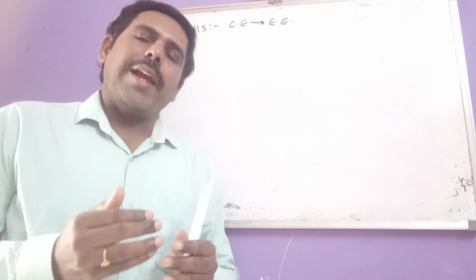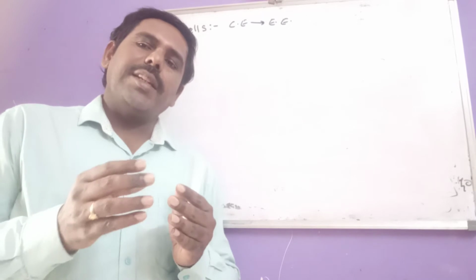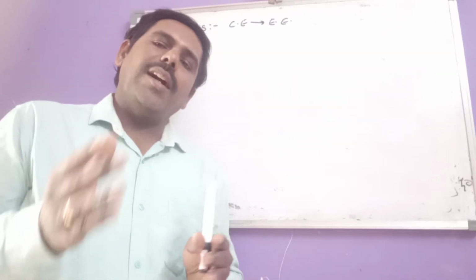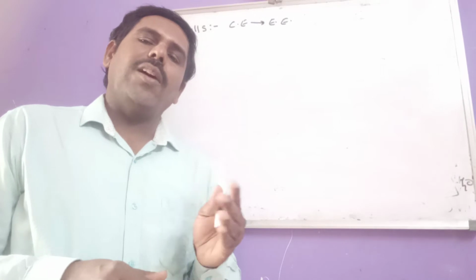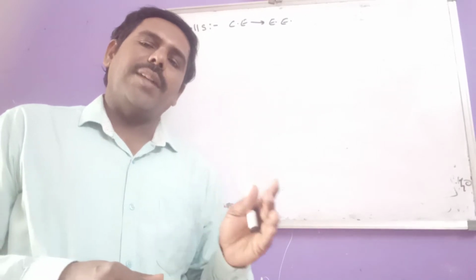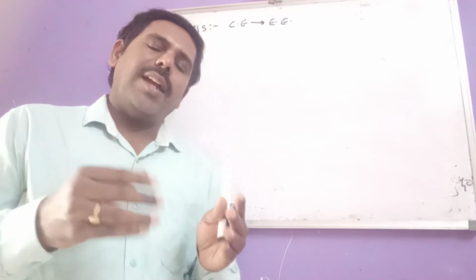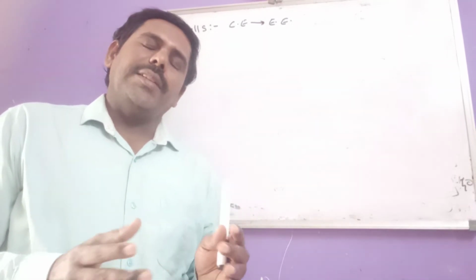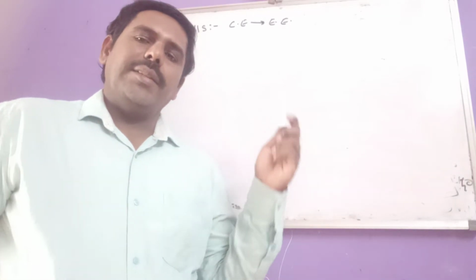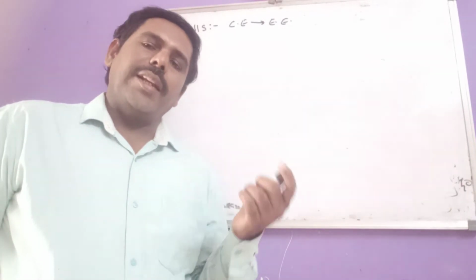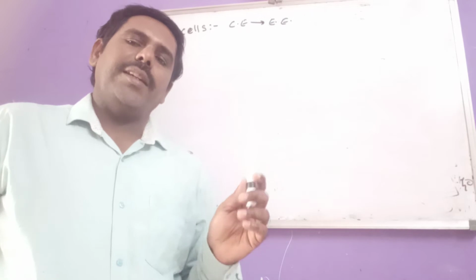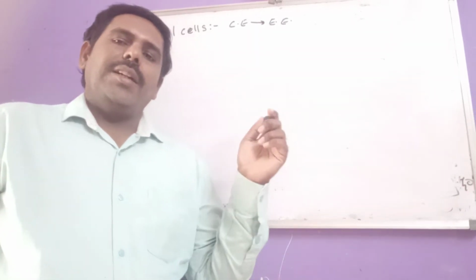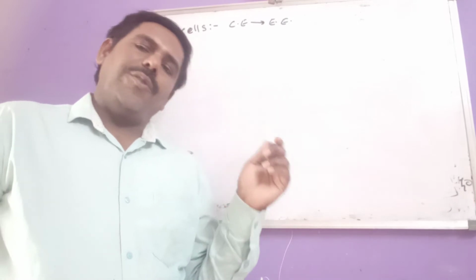So these are the primary cells which can produce electrical energy as long as fuel and oxidants are supplied. As long as fuel and oxidants are supplied, that much time these cells will generate electrical energy. So here, what is the representation of fuel cells?